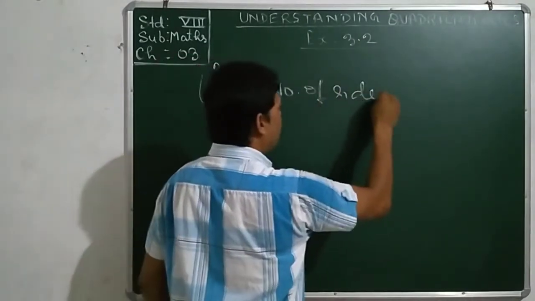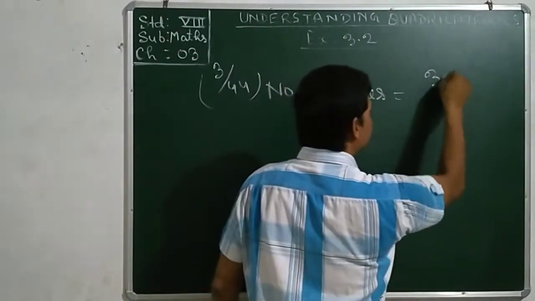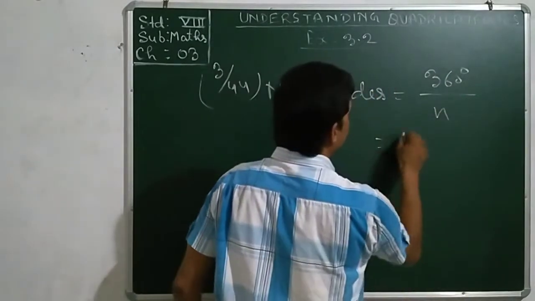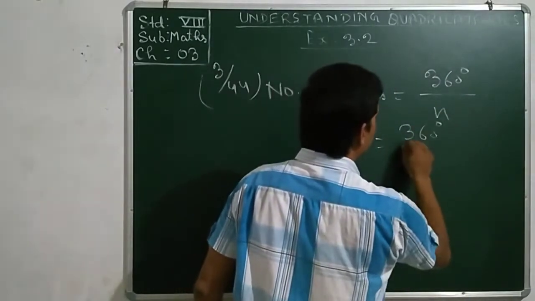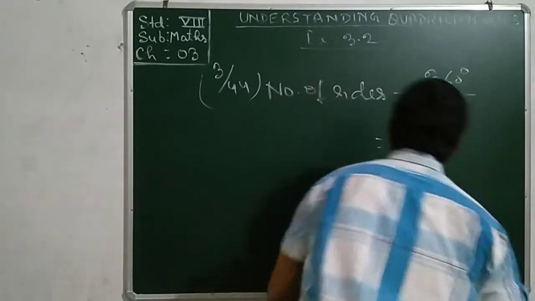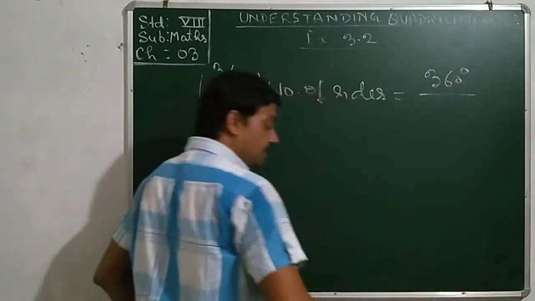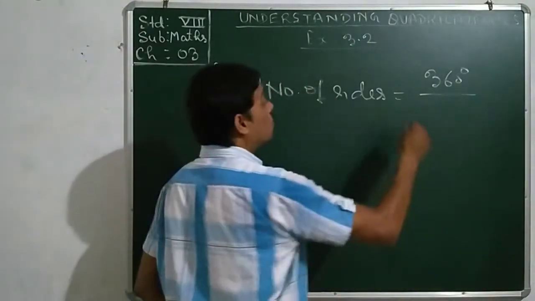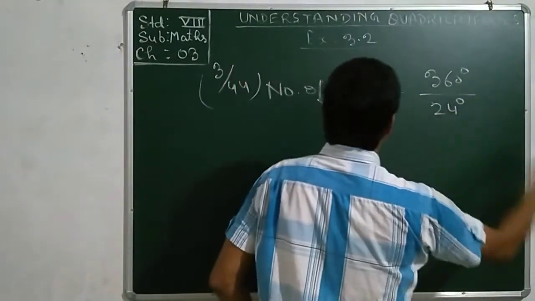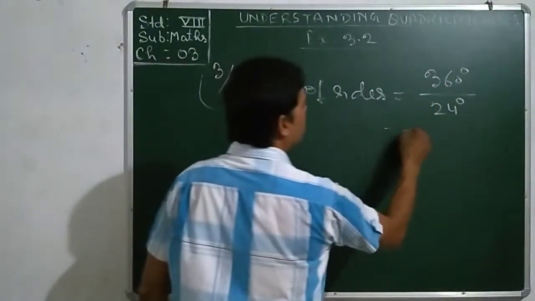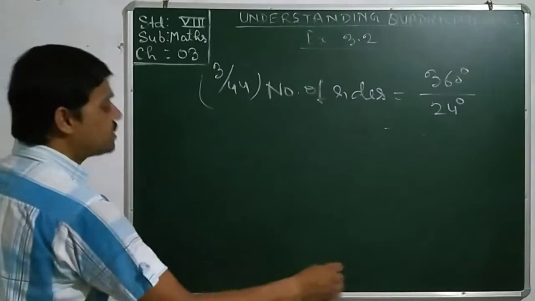Number of sides equal to 360 degree divided by n, and here n is 360 degree divided by the measure of the angle, that is given here as 24 degree. You will get the number of sides, divide it and find the number of sides.